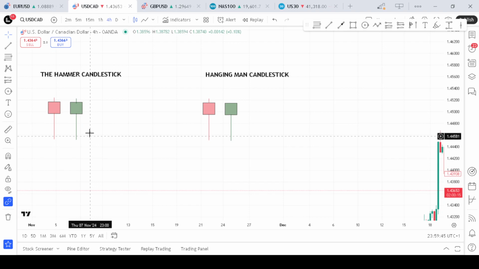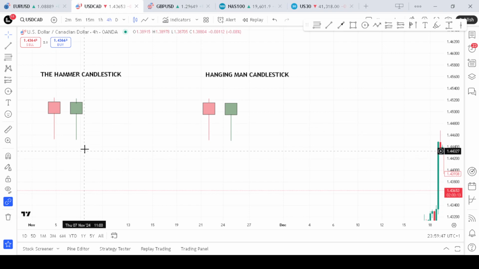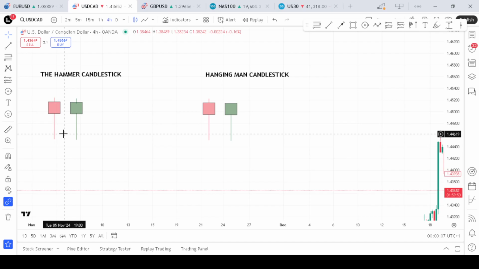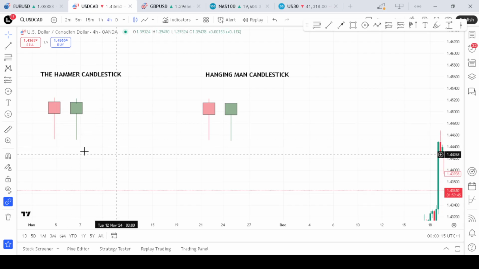This is crucial because it signals a potential bullish reversal. After a period of selling pressure, the appearance of a hammer suggests that buyers are stepping in to take control over the market. A long lower shadow tells us that sellers tried to push price lower, but buyers fought back and managed to close near the opening price. This is a clear signal that the tides may be turning in favor of the bulls.